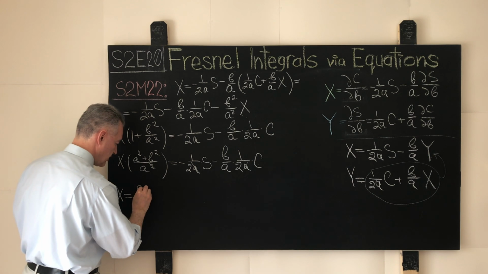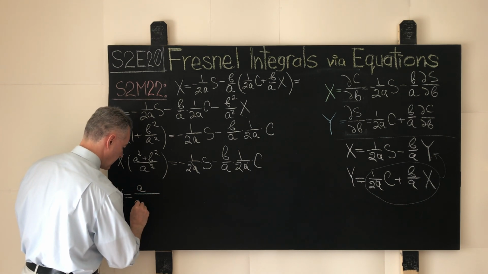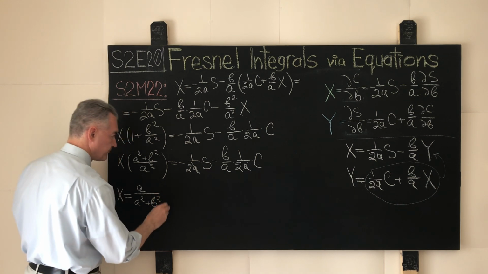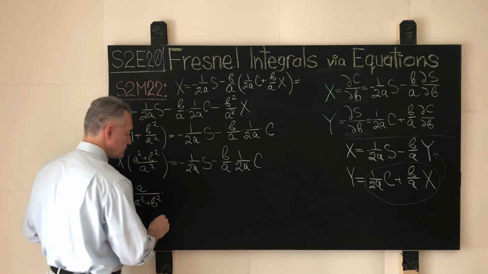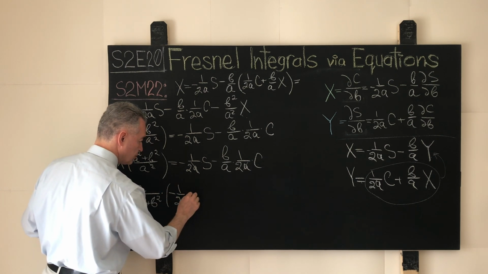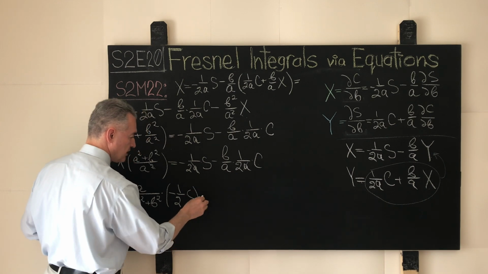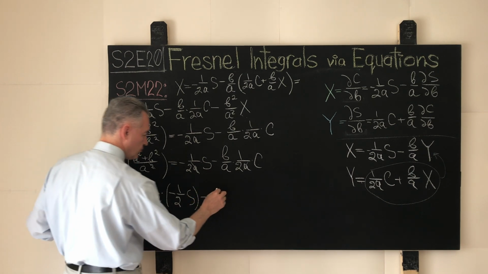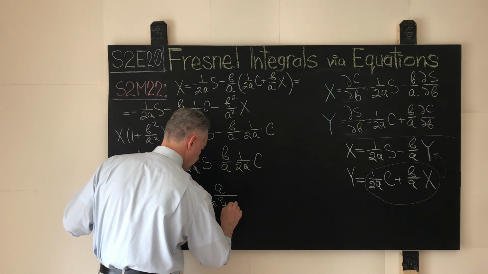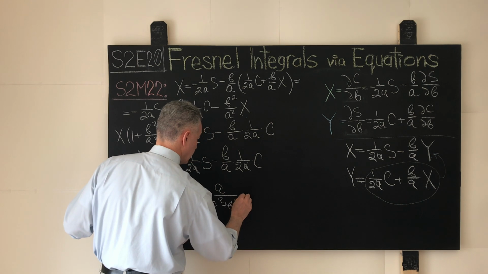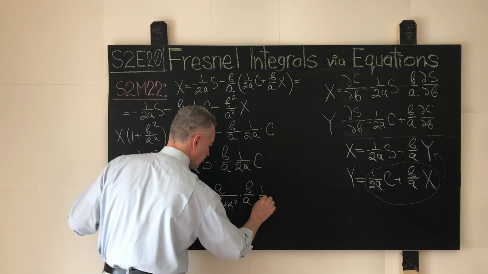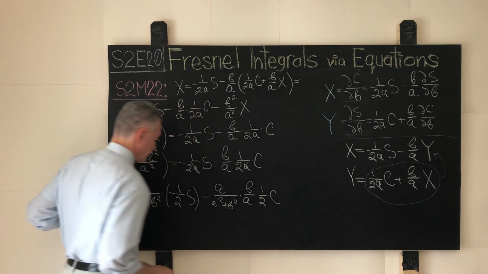So here we'll have a over a squared plus b squared times, what do we have? We have negative 1 over 2 times s minus, again, we'll spell it out, a over a squared plus b squared times b over a times 1 over 2 times c.